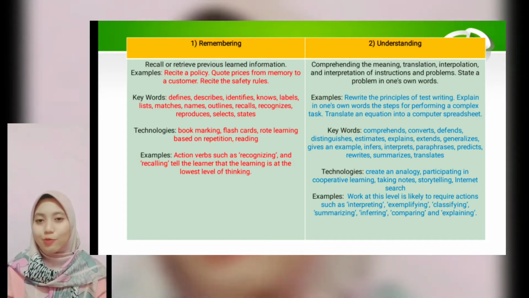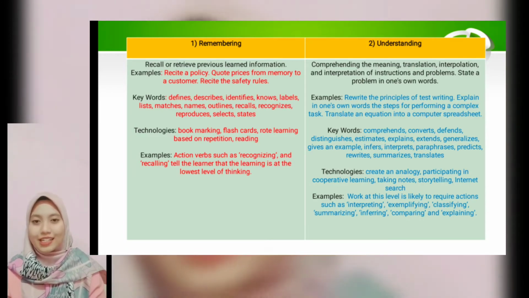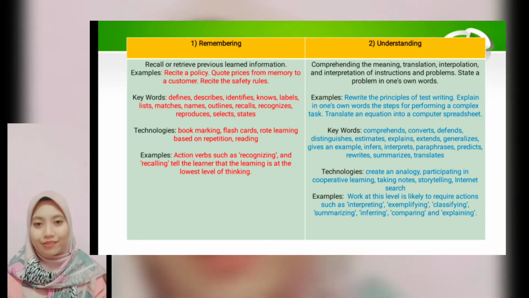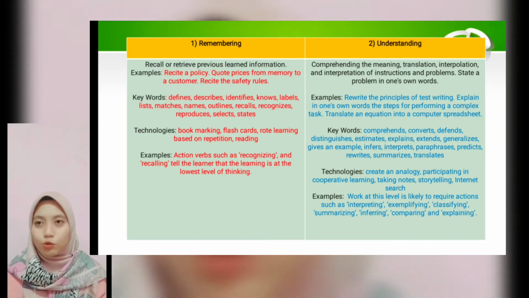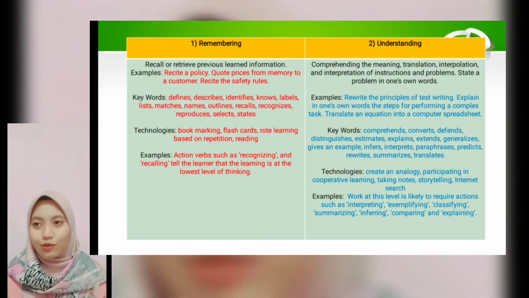We can see and test whether they still remember it or not. We need to focus on this level first before we let them go through to the next levels, because this level is very important to ensure the students' cognition.